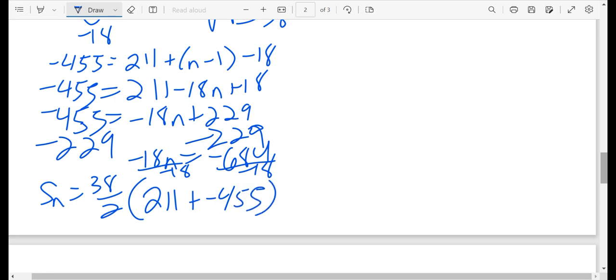So 38 divided by 2 is 19 times what's in the parentheses. You will get an answer of negative 4,638. Ooh, what a number that is. Wait, I'm sorry. This should be a 6. 3, 6. My apologies.